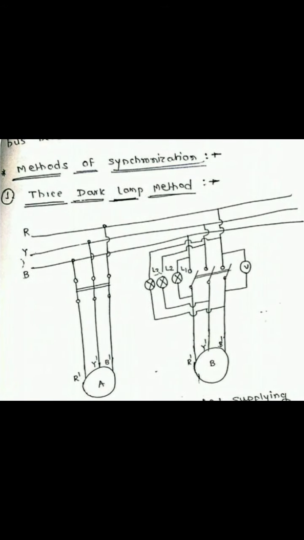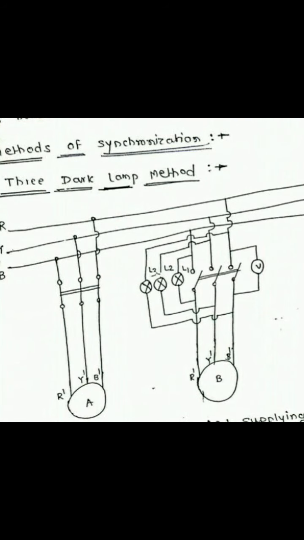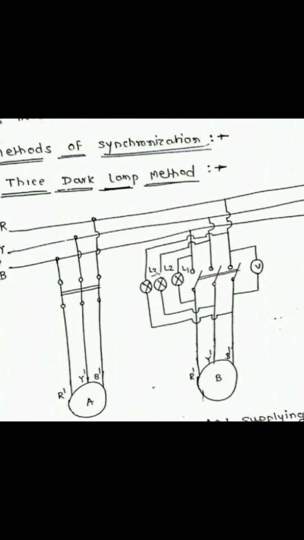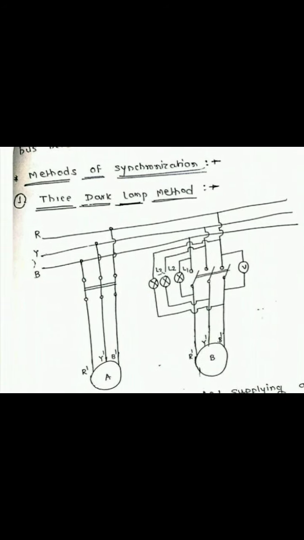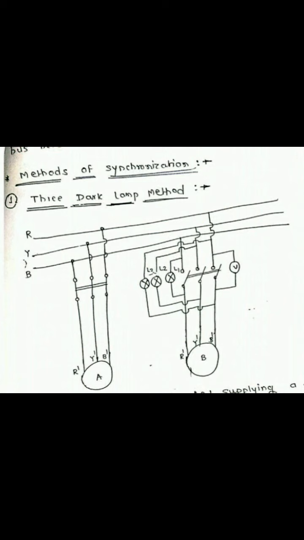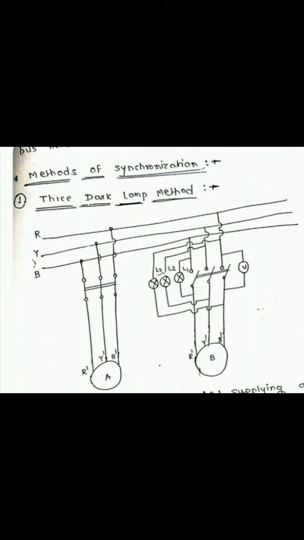For the measurement of voltage, we can connect a voltmeter across any phase of the alternator. Basically lamp L1 is connected to R dash, lamp L2 is connected to Y dash, and lamp L3 is connected to B dash. So this is the three dark lamp method.